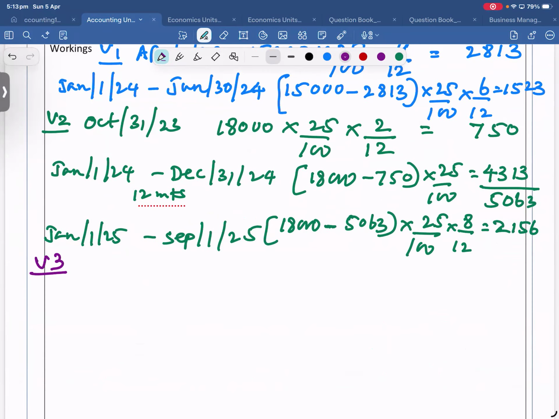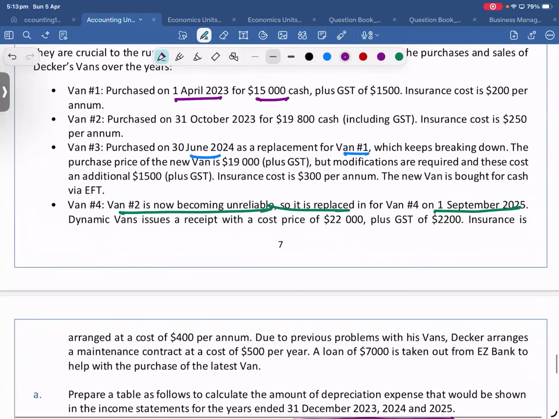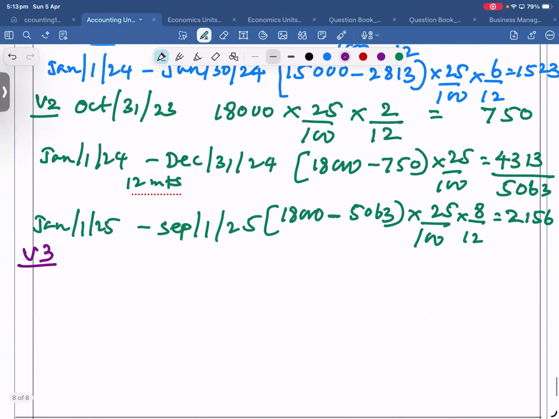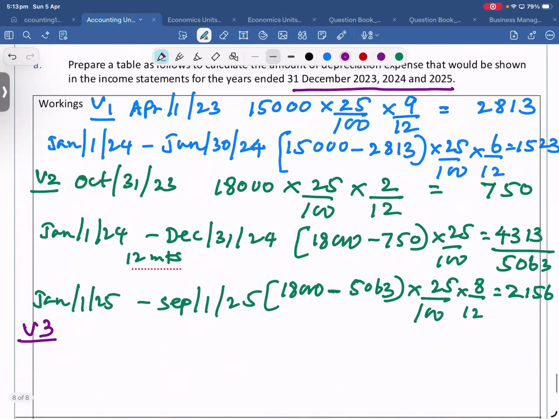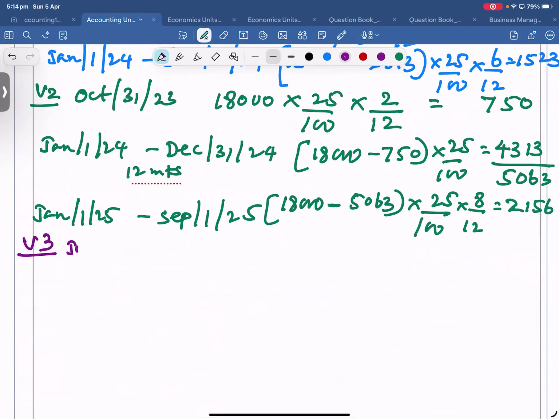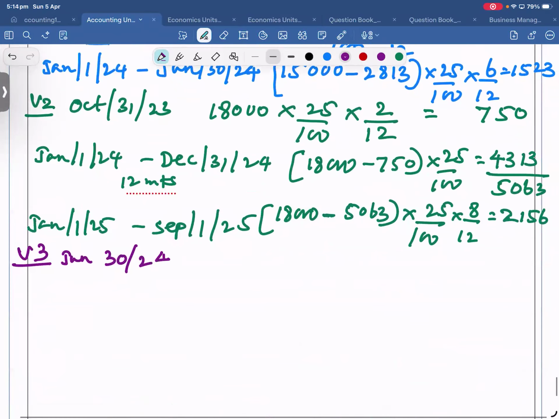So how much is van 3 costing, guys? 19,000 plus 1,500, so 20,500. When is the date? 30th June, 24.